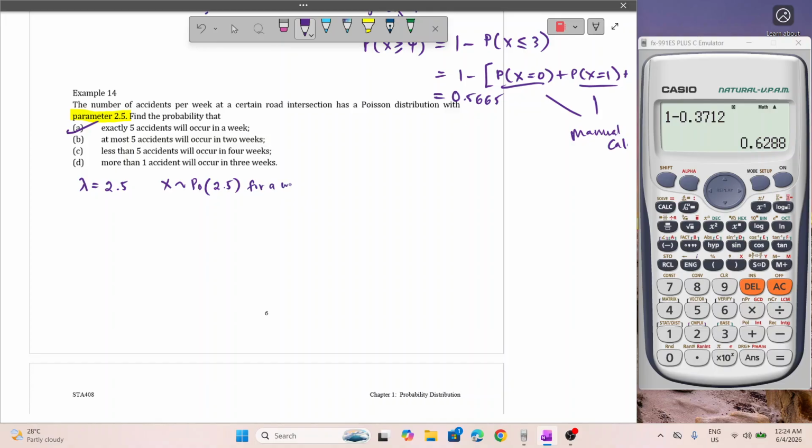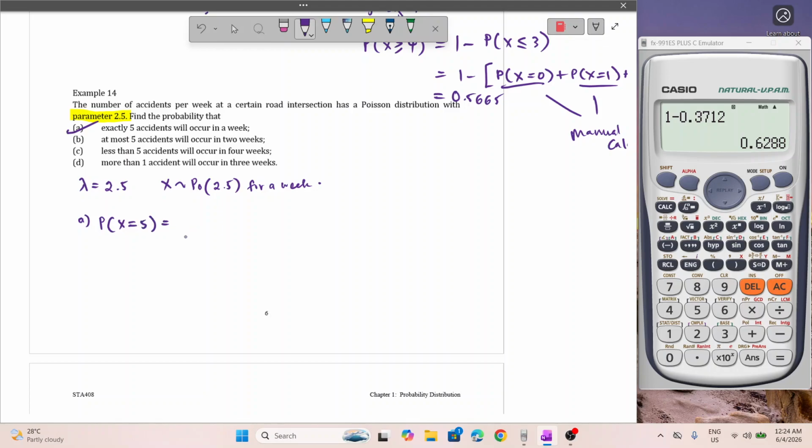This is how we can rewrite the question in a simpler form. So for A, exactly 5 accidents will occur in a week. So again, probability of X is equal to 5.